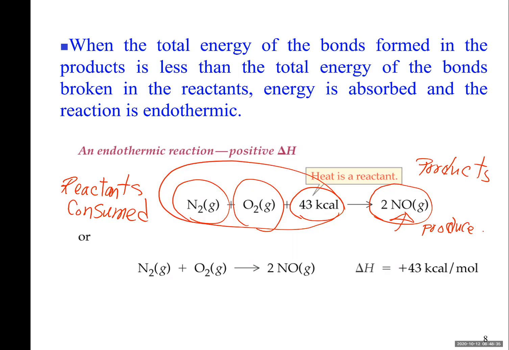So can I say heat is consumed, the reaction needs heat? So this reaction is endothermic. Endothermic. The heat is on the reactant side. Energy is on the reactant side, not on the product side.